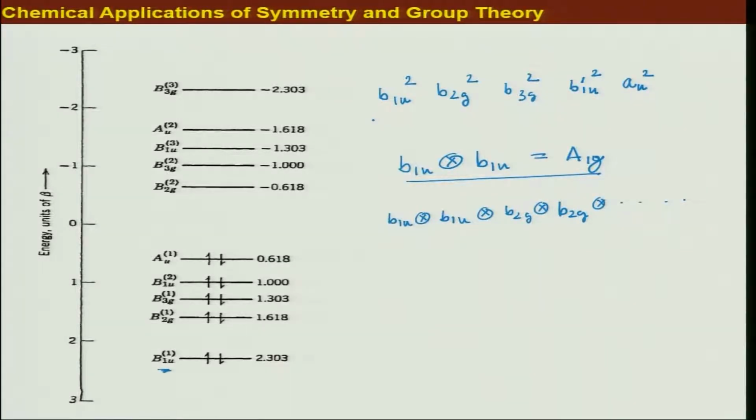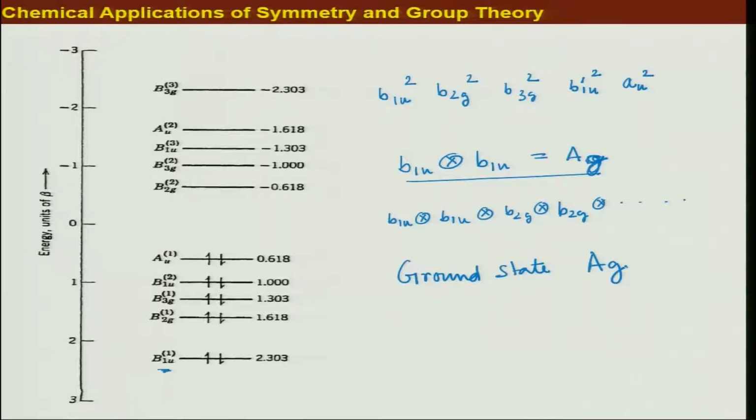Here for D2H, the totally symmetric IR is AG, right? So if this is my configuration at the ground state, which it is, the ground state has the symmetry of AG, right?